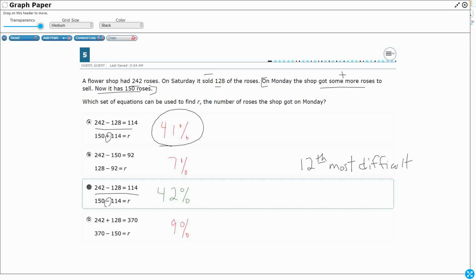Solve the problem with strip diagrams. You didn't have to solve the problem, but once I knew that the answer was 36, that made this obvious and this not the answer. So we need to help our students take these problems and actually solve them with strip diagrams rather than just trying to eyeball them and looking for keywords, because got some more can lead to addition unless you realize that it's a part and not the whole.